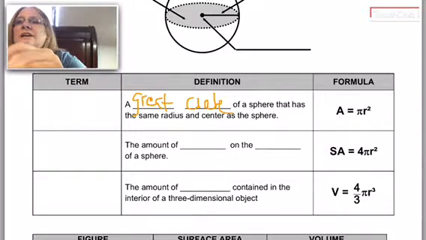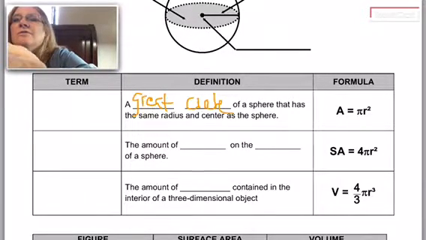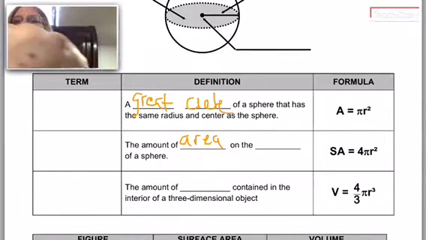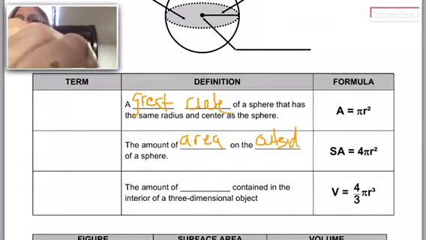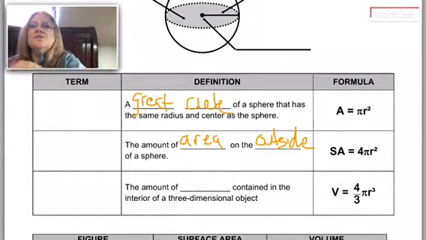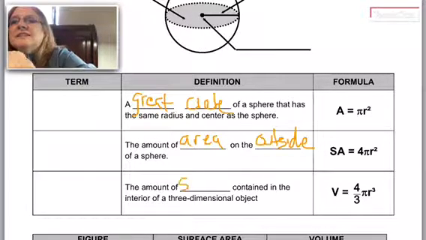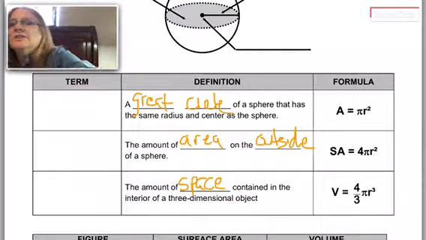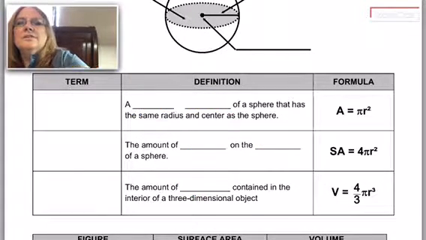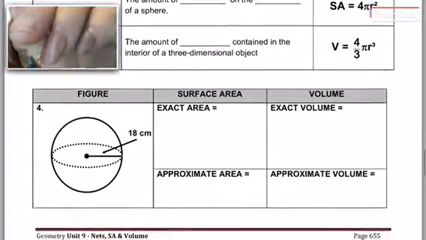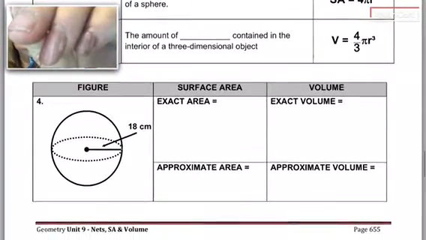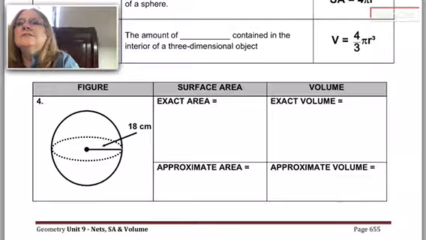Okay, surface area is the amount of area on the outside of the sphere. So it's the surface area. And then the volume is going to be the amount of space contained inside. So our formulas are going to look a little different. So here are our formulas, or they didn't give them to us.